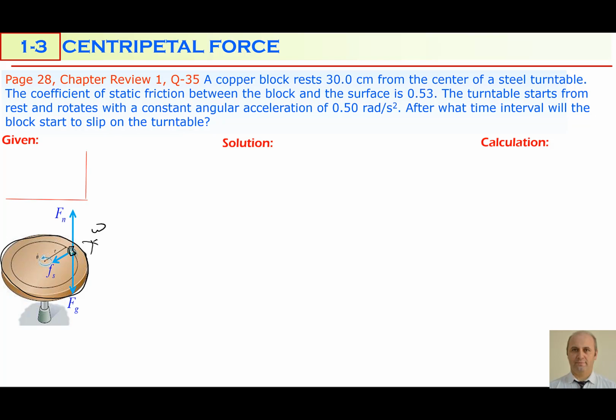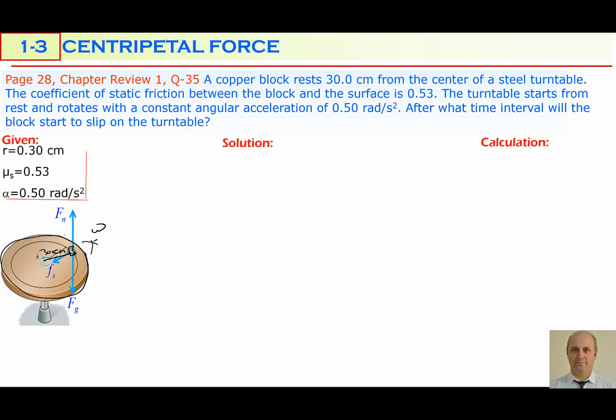So this distance is given as 30 centimeters. And the coefficient of static friction between the block and the surface is 0.53. Mu s is given in this question. So r is 30 centimeters, 0.3 meters, and mu s is 0.53.